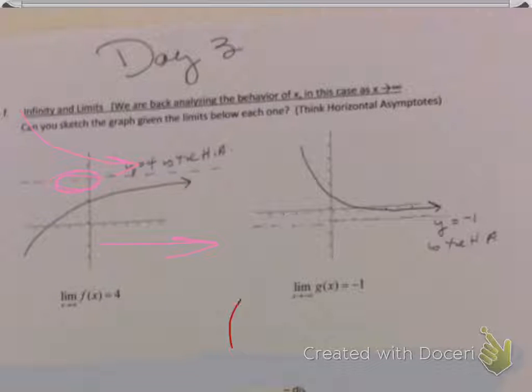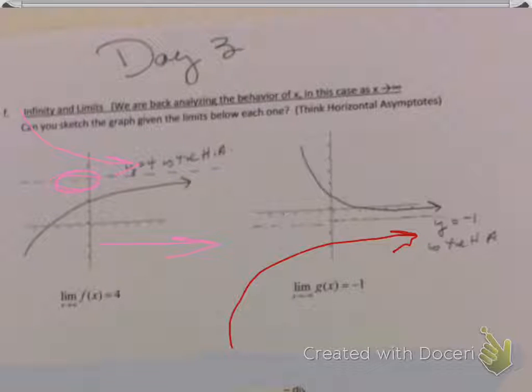Let's say your function comes up and it's going to go out to infinity. As long as your function is approaching the horizontal asymptote y equals -1, you have demonstrated that you understand what a limit looks like as x goes to infinity. If you always think in terms of horizontal asymptotes, then you'll be good to go.